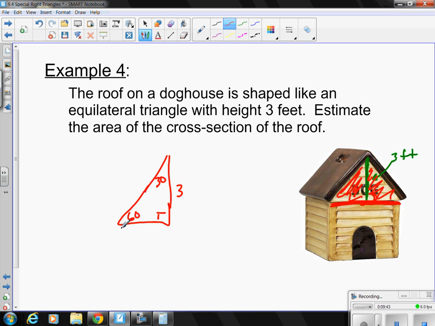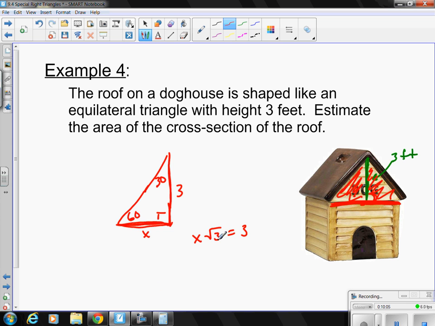To find this side length, the relationship between this side and the long leg is going to be that multiple of the square root of 3. Some number times the square root of 3, we want that to equal 3.